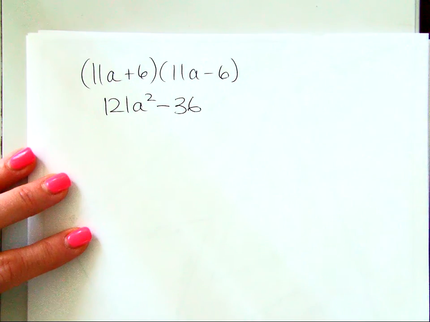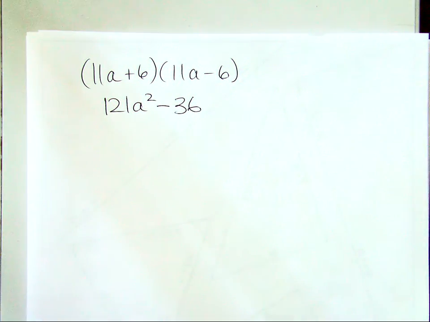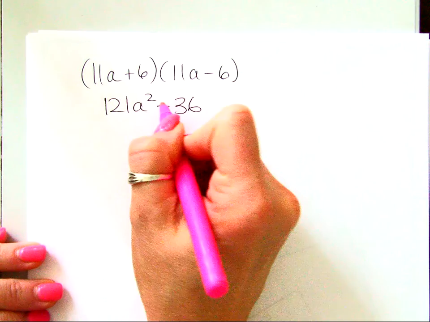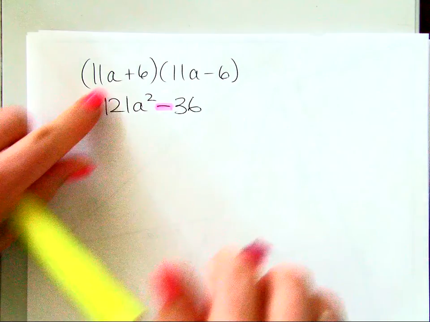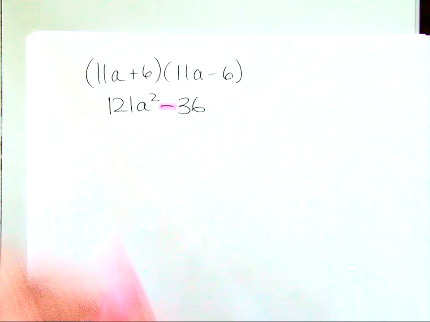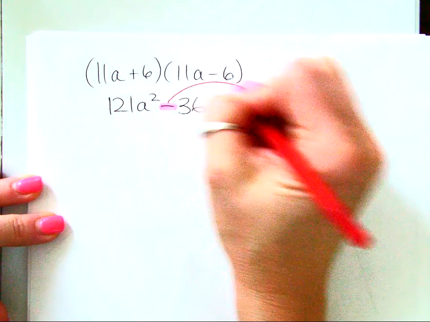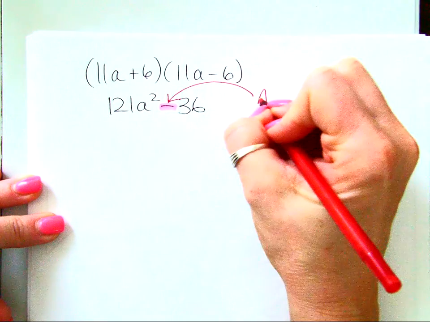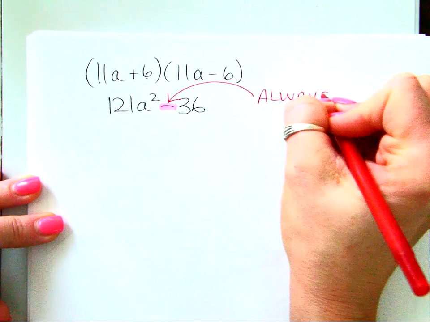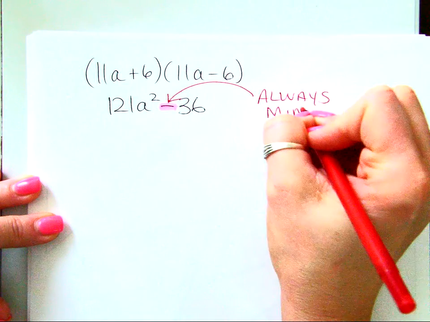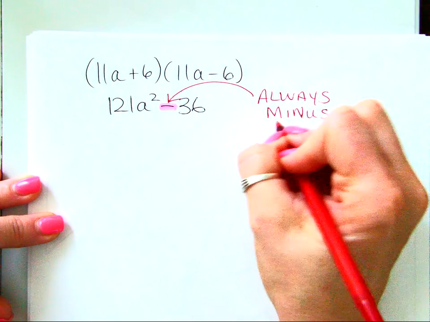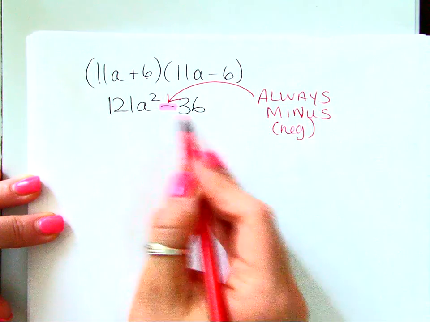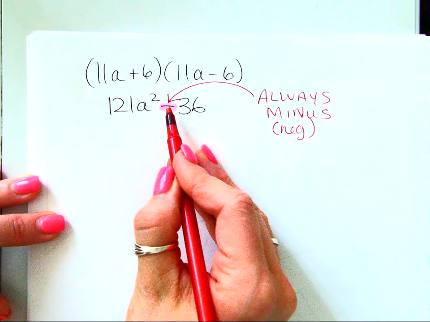So, the next hint is, what should this sign always be if there's one positive and one negative? It's always got to be a negative. So, in the difference of two squares, it'll always be a minus, which is really a negative, right? You know that it's not the middle term. It's the sign for the last term.